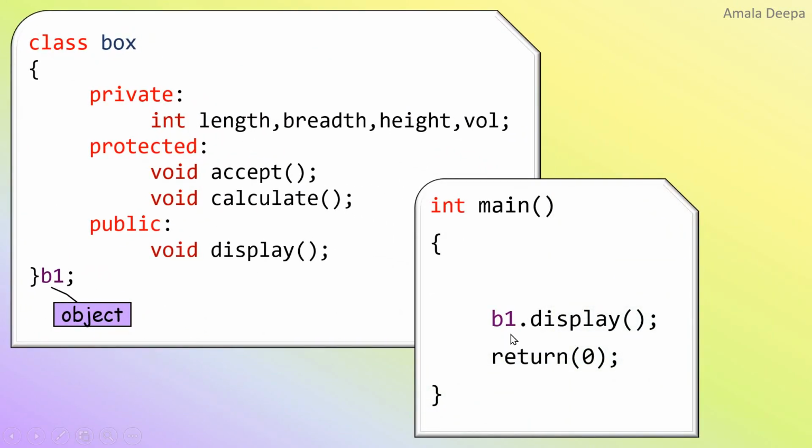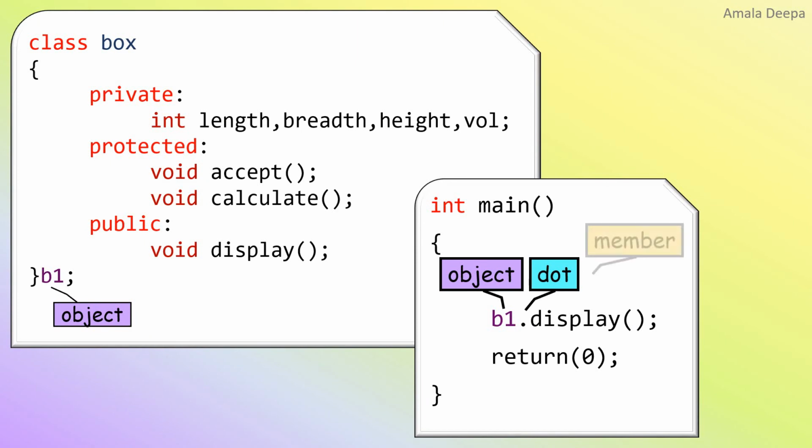In this statement b1.display, b1 is the object, dot is the dot operator, and display is the member function. Therefore, to access a member of the class, you have to do so by using the name of the object followed by the dot operator, object dot member.